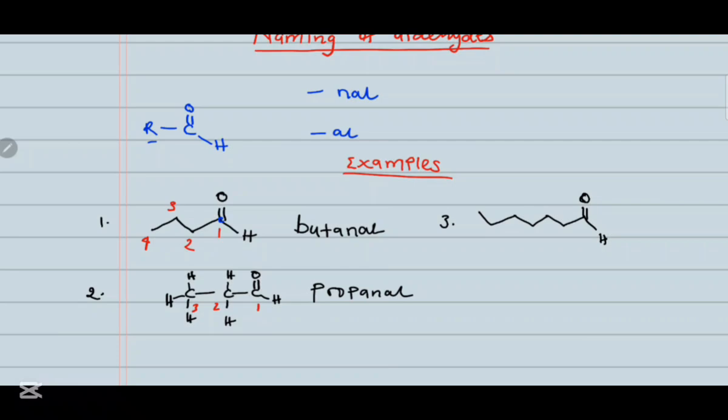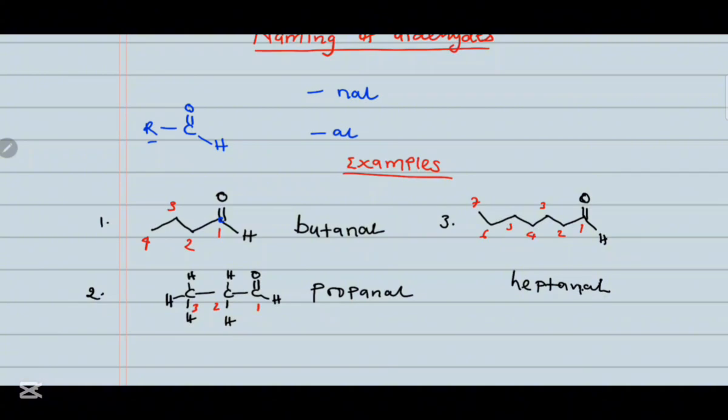We'll start counting from the functional group here: number 1, 2, 3, 4, 5, 6, 7. So it's a 7 carbon chain. So this molecule is called heptanal. Very simple.